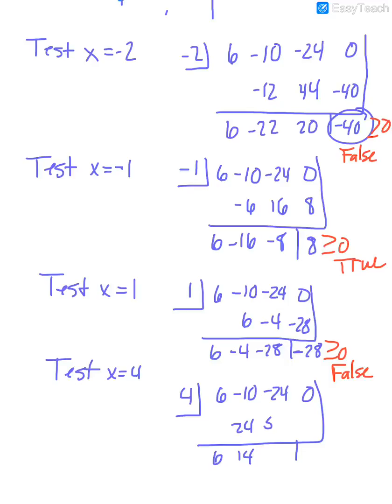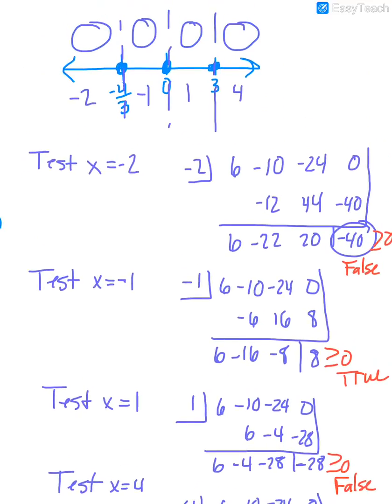I think that's 56. 32. Would be 128. And then add down 128. So 128 is greater than or equal to 0. So that's true. So let's go back up here.